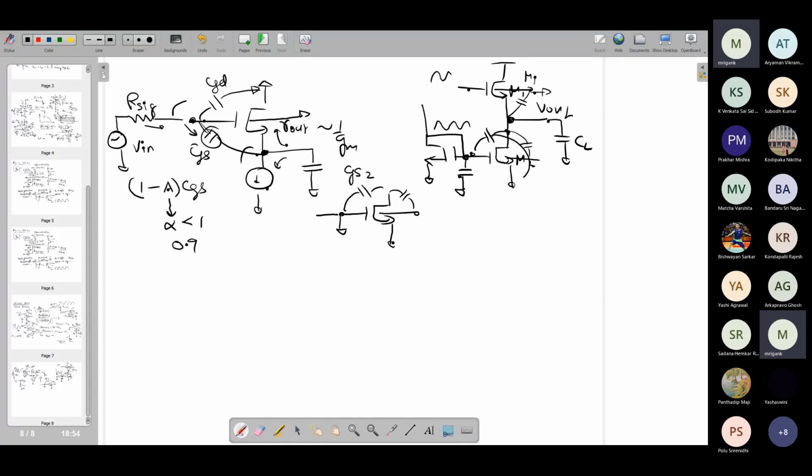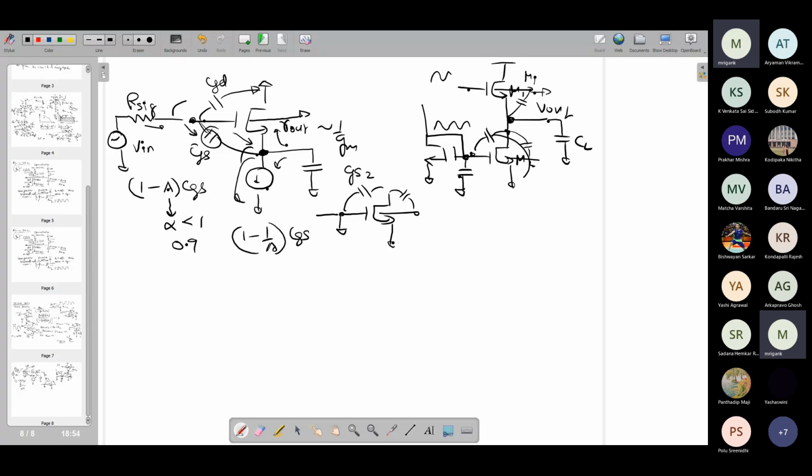One interesting effect that is applicable here: if you find out the contribution of CGS at this node, what will be the value? Exactly, if I take into account the Miller effect, the CGS effect at this node, what will be the value? CGS into 1 by gm by ro plus 1 by gm, that is, 1 minus 1 upon A into CGS, right?